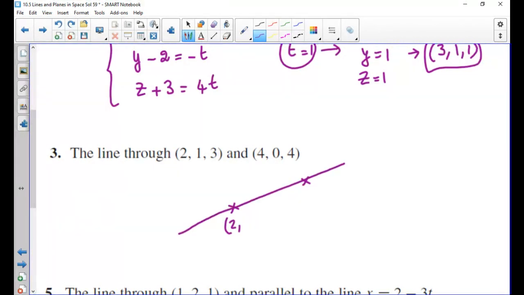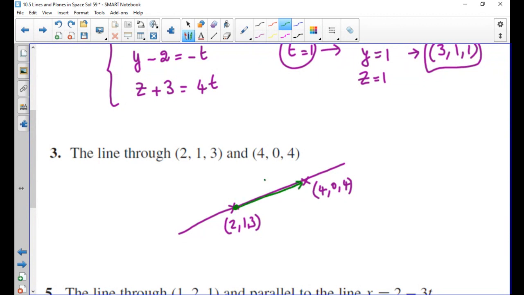The point 2, 1, 3, and then another point 4, 0, 4. So what is missing here? The vector. Yes. We have 2 points. It's okay. So we have a point. So now we need to find the vector. How do I find the vector?